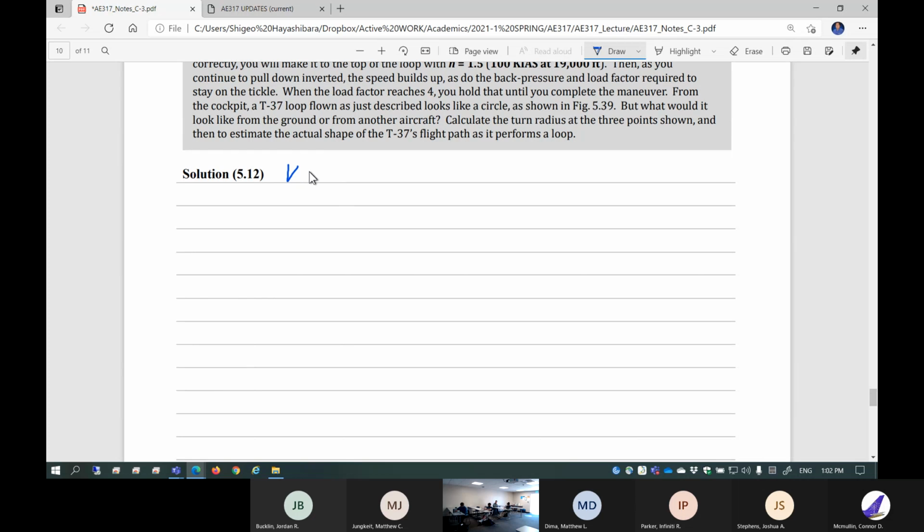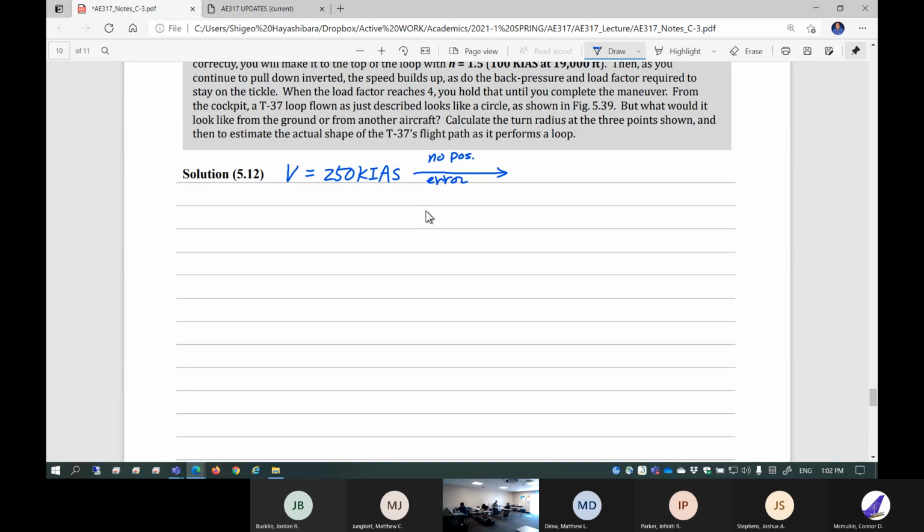So at the beginning, velocity is equal to 250 KIAS, knots indicated airspeed, okay? So let's assume there is no positional error. In other words, you don't have to calibrate because of a beaten up pitot-static tube or anything like that.